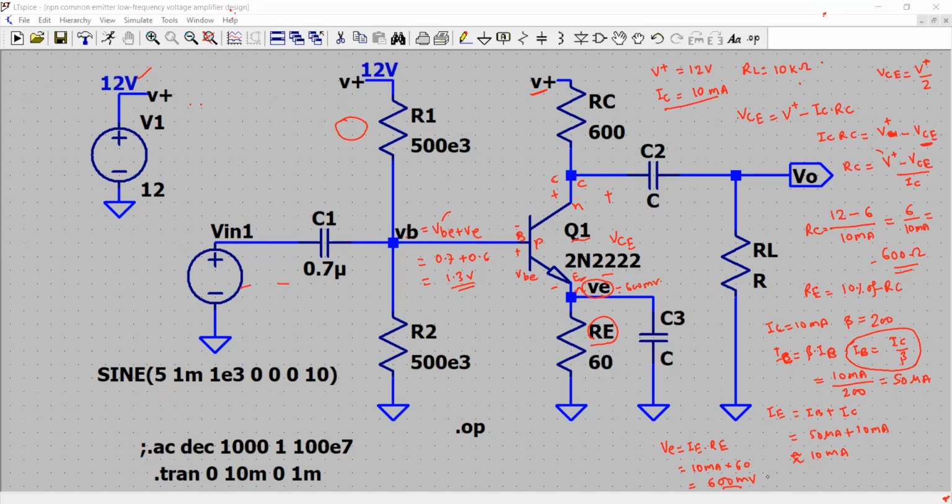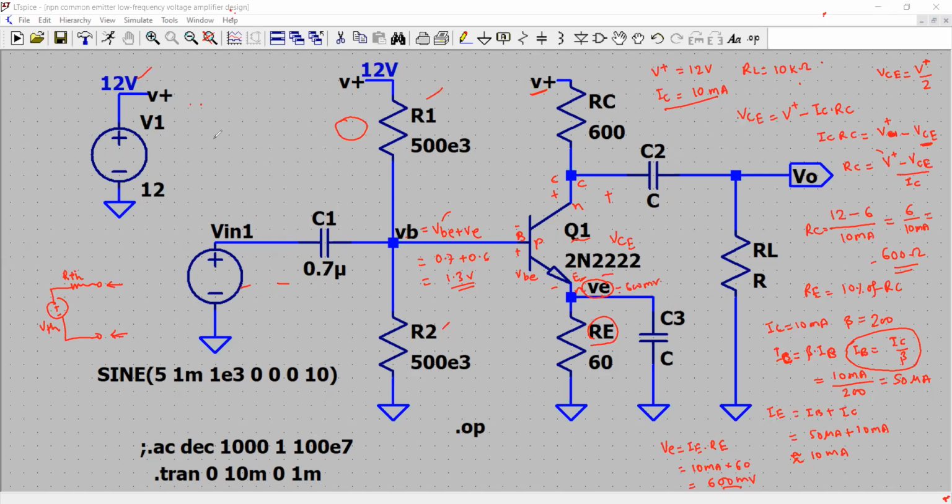Now the next step is to calculate the values of R1 and R2. So we need to apply a Thevenin's equivalent network. Remember, Thevenin equivalent says that any network can be represented by a Thevenin's voltage and an equivalent resistance in series with it, that is Thevenin's resistance RTH. This is an open circuit that you measure across.